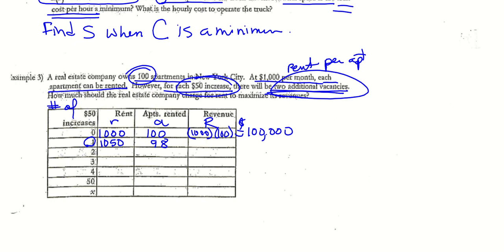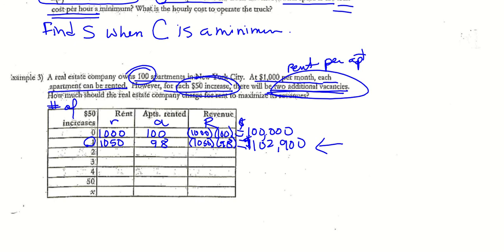And our rent then would be what 1,050 is times 98. If we multiply that, we have a revenue of $102,900. So you can see that even though they don't rent 2 apartments, their total revenue increases, right? So that would be a good thing to this rental company.